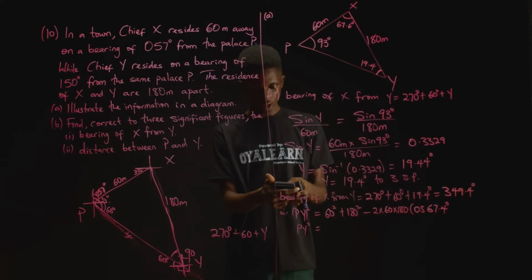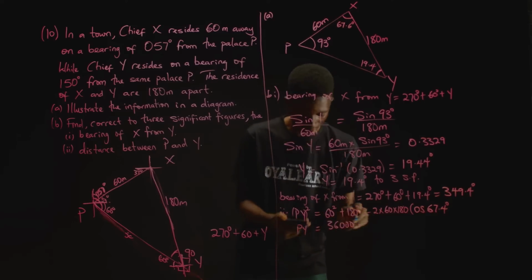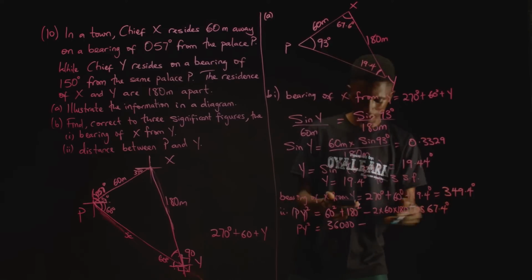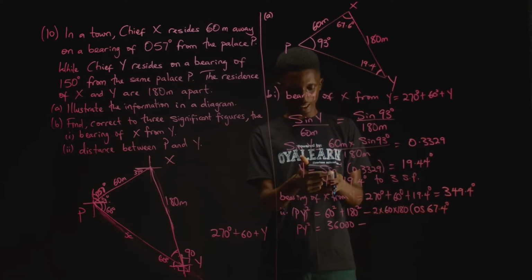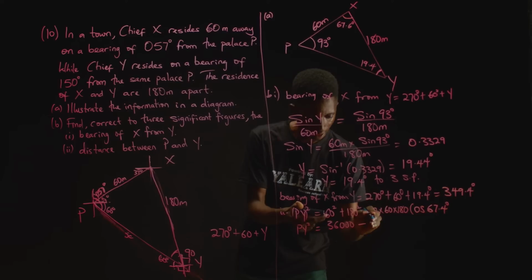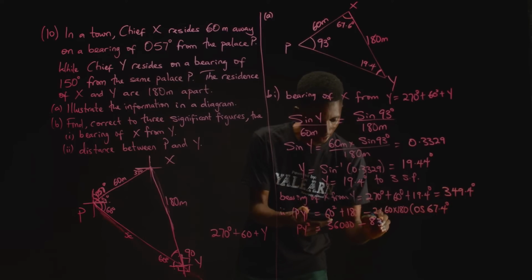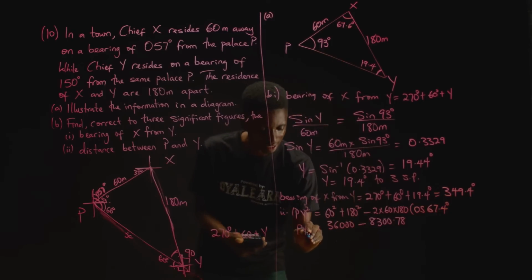So 60 squared plus 180 squared would give us 36,000 minus, now when we compute this, what do we have? 2 multiplied by 60 multiplied by 180 multiplied by cosine of 67.4, and that gives us 8,300.78, right?